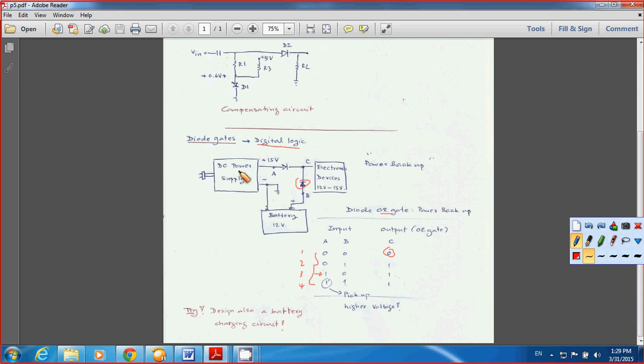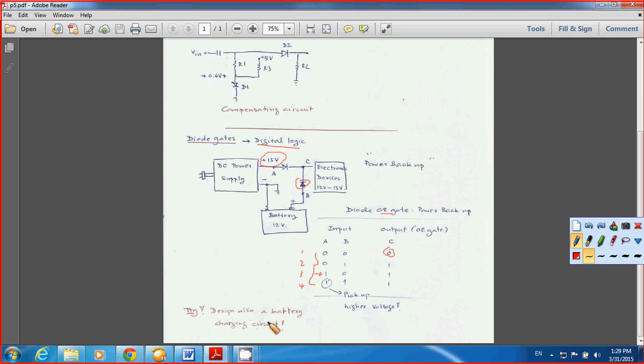So what about if you have both DC power supply and battery? Well, in this case it will pick up the higher voltage. So earlier the electronic devices get the supply voltage from the DC power supply, as in the diagram here.